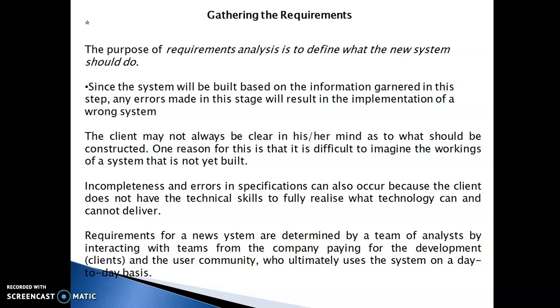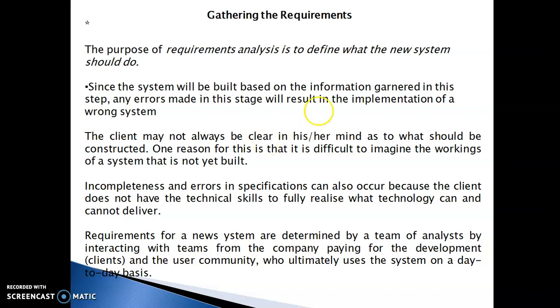If any feature, specification or information is missed while gathering requirements, then the final product you get will be incorrect itself. That's why requirement gathering is the first and foremost step, and the most important step, because this itself will be the input for your system.